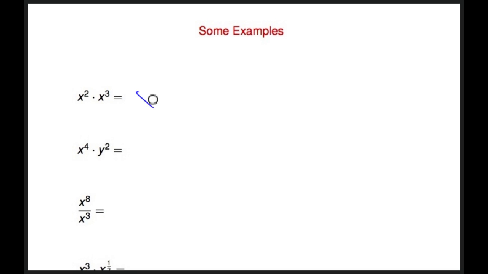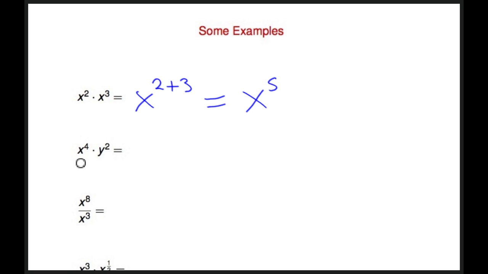So x squared times x cubed will be x to the 2 plus 3. See, because the exponents here were 2 and 3, so now we're going to add them up, giving us a grand total of x to the 5th. Not an s, that's a 5.